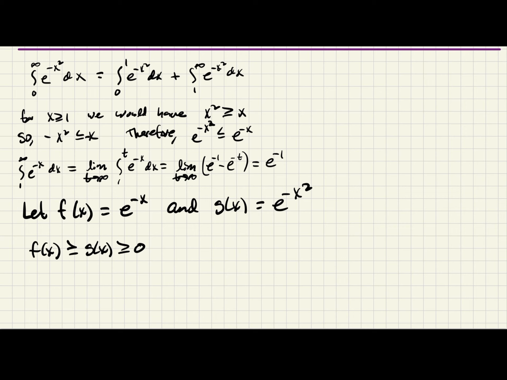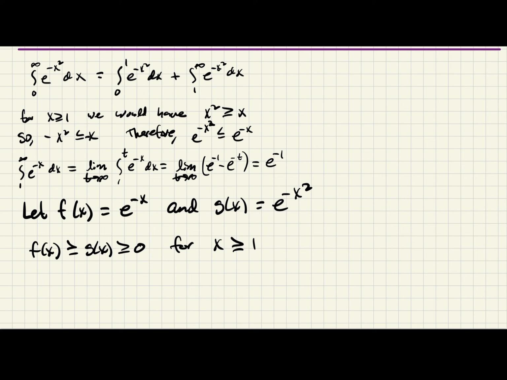And we already decided that for values beyond 1, this would be true, for x greater than or equal to a, which we're going to have be 1.